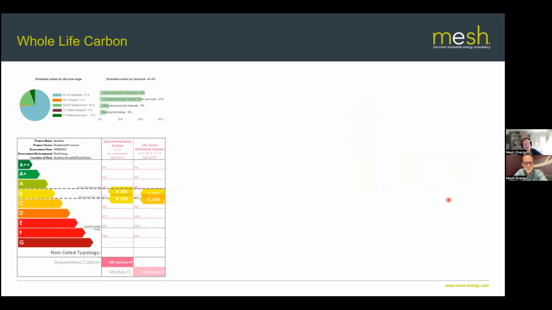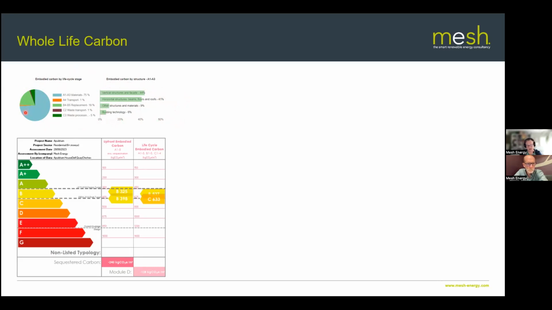And then what we were able to do is take the detailed number crunching and input it into the Leti presentation. So we've got two sets of information here. The top one is really the high-level outputs from the One Click LCA platform, which gives us an indication of where the material carbon, transport, replacement, and waste processing, where the embodied carbon resides by element.